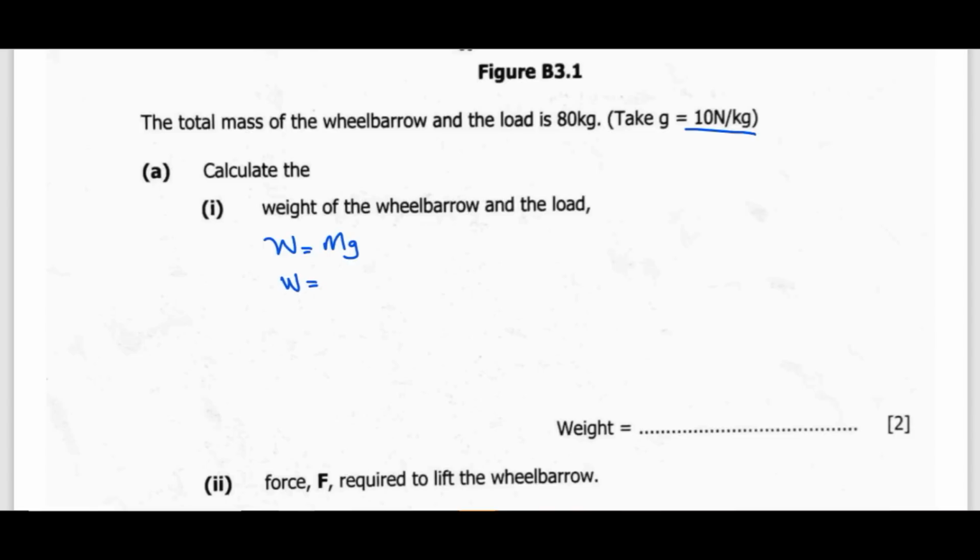We've been given the mass, which is 80, times 10. When we multiply 80 times 10, we have 800 newtons. So we have 800 newtons.